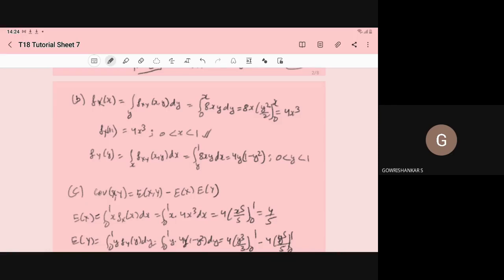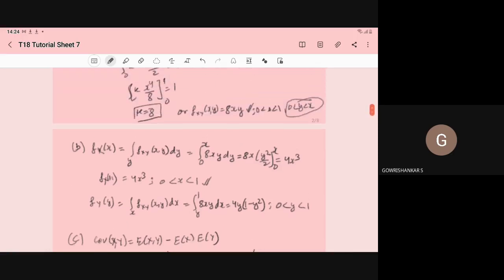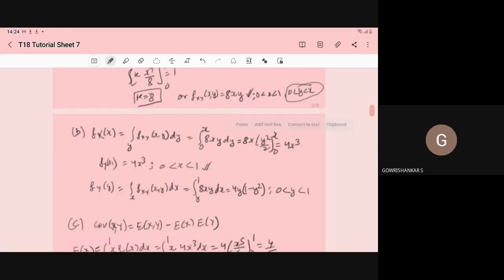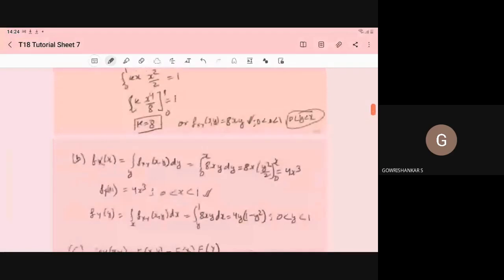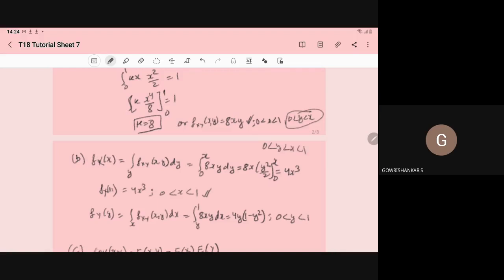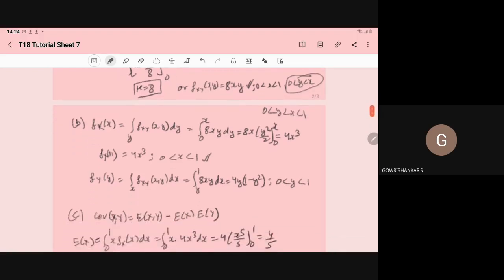Here we have the range of the x. The range of the x is y to 1, meaning when we combine these two, it becomes 0 to y, x, and 1. So the range of the x will become y to 1.